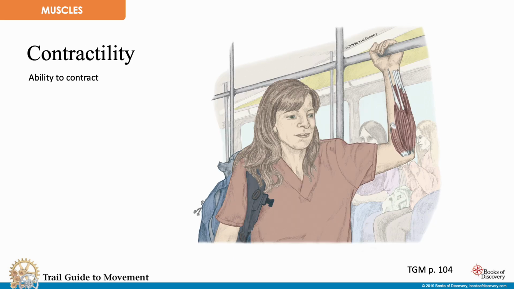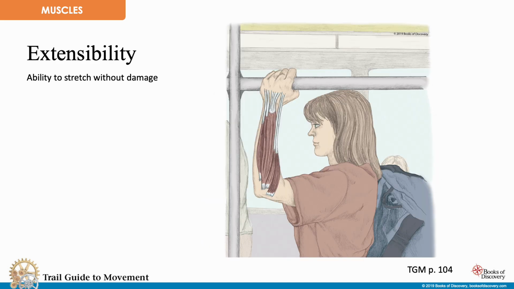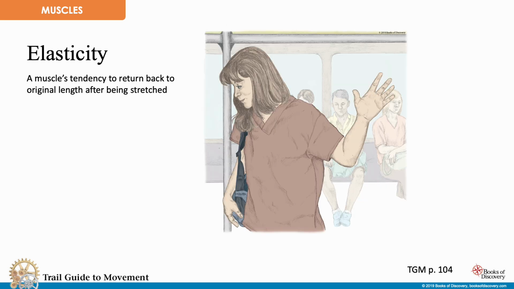Contractility is the ability to contract or the ability to shorten. Extensibility is the ability to stretch without damage. And lastly, we have elasticity, and this is the ability to return to resting length. So all 4 of these are essential for healthy movement, and that's important to remember.